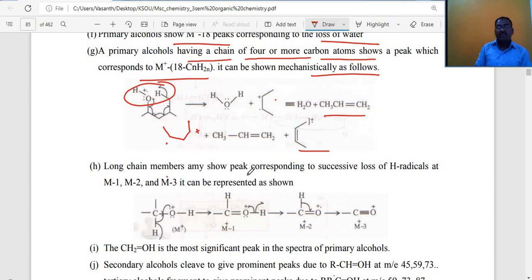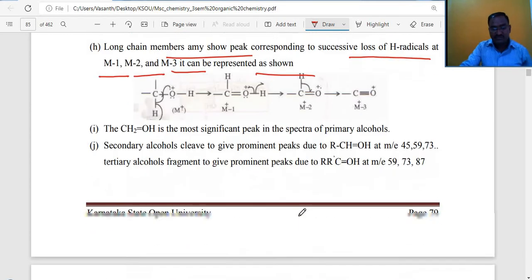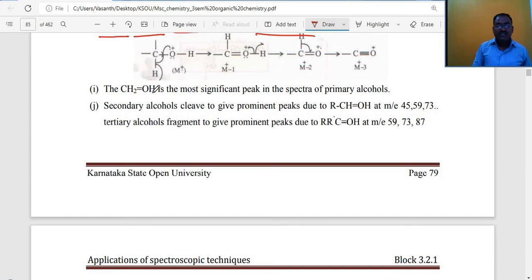Long chain members may show peaks corresponding to successive loss of hydrogen radicals at M-1, M-2, M-3. It can be represented as shown. The CH2=OH+ ion is the most significant peak in the spectra of primary alcohols. In secondary alcohols, the cleavage gives prominent peaks at 45, 59, 73.